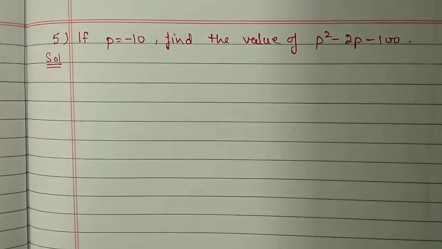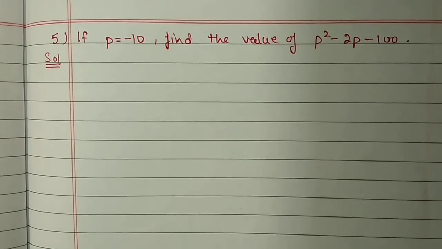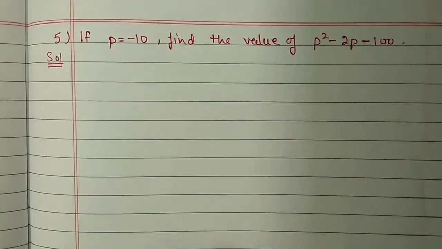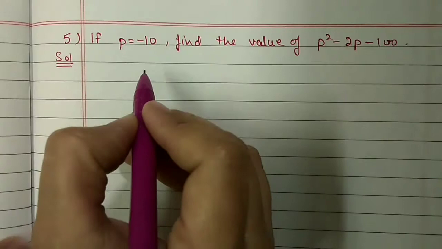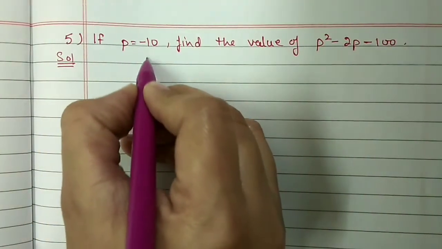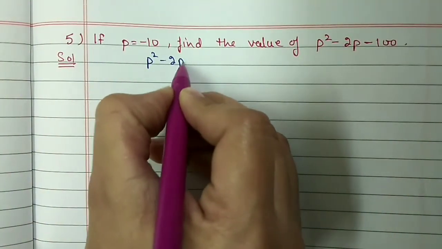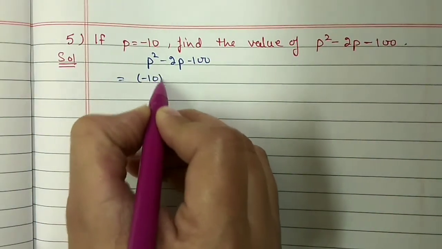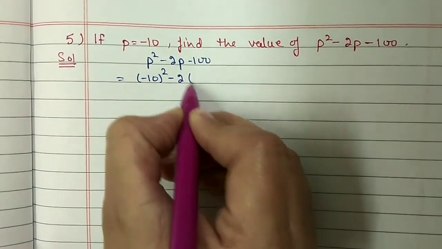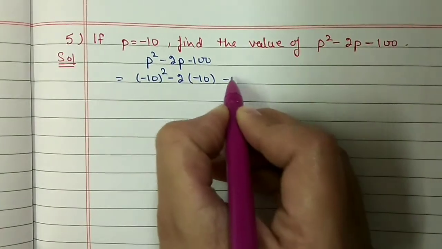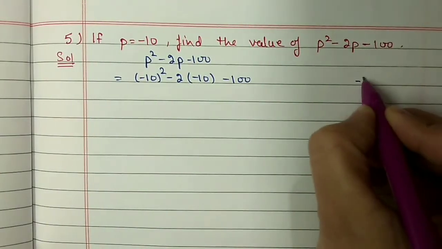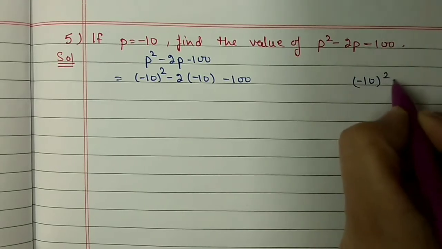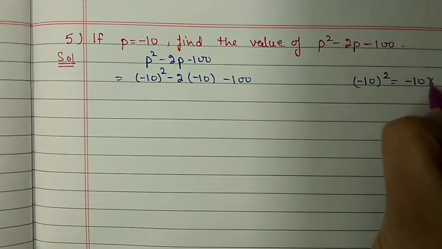Next, question number 5. If p is minus 10, find the value of p square minus 2p minus 100. So we will substitute the value here. P square minus 2p minus 100. P is minus 10 whole square minus 2 into minus 10 and minus 100. So minus 10 whole square means minus 10 into minus 10.